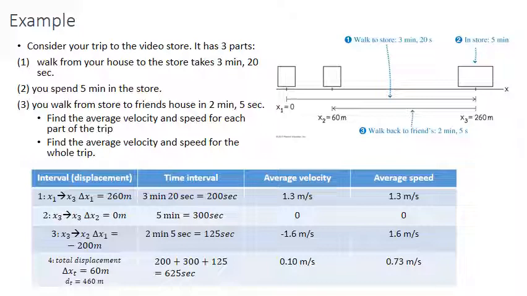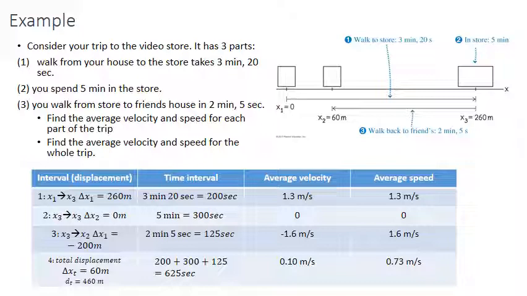Then for the average velocity, we have the net displacement of this interval over time, and we got 1.3 meter per second. The average speed here is the same because I'm moving in one direction, so I don't have a difference between the speed and the velocity.